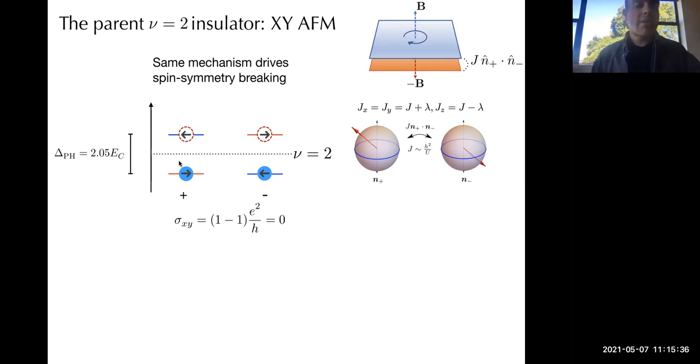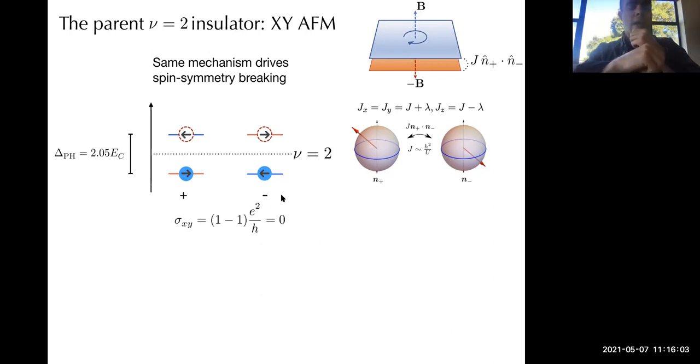But as usual, we have a degeneracy in how we want to fill 2 of the 4 Landau levels. This is where that anti-ferromagnetic coupling comes into play. As I said, it wants to anti-align the spins in the 2 layers. So here's how it would prefer to fill 2 of 4. It puts nu equals 1 of the filling in the bottom layer, nu equals 1 of the filling in the top layer, and then it does so in a way to anti-align their 2 spins.